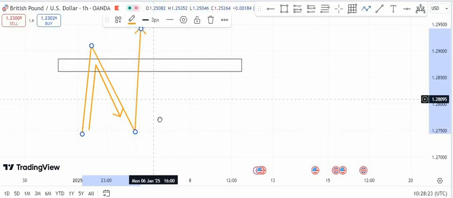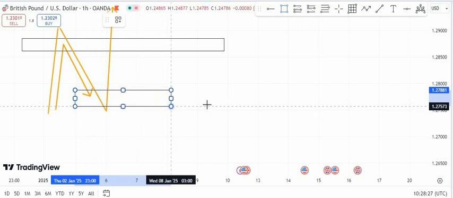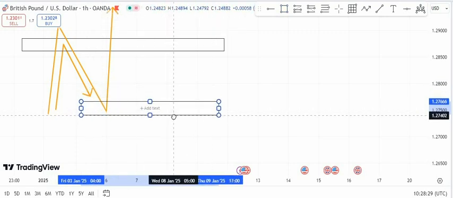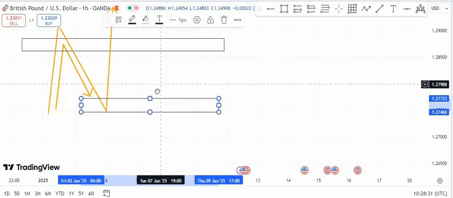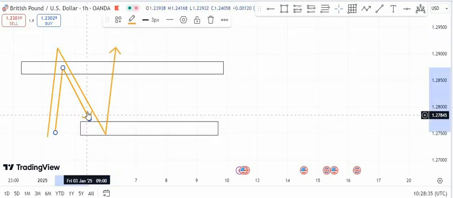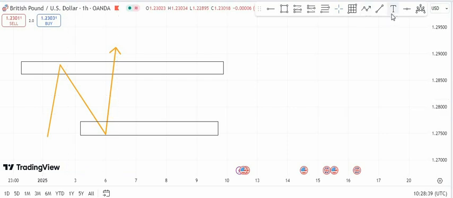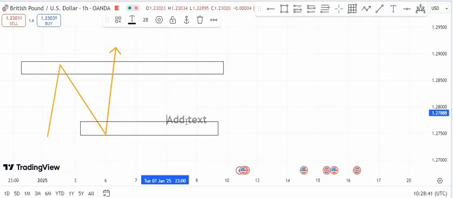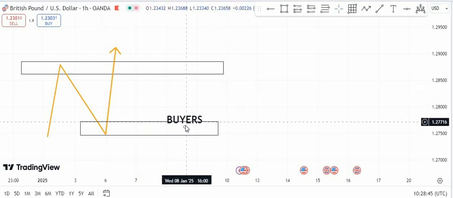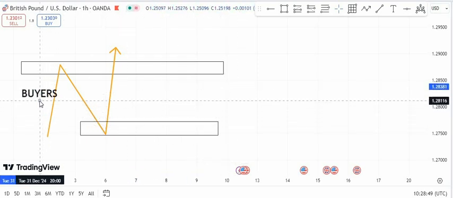So that zone is what we call the demand zone. So let's say the market does around this zone. So right here is the demand zone. I hope you guys understand what I'm talking about. Now buyers were in this game, they are right here.